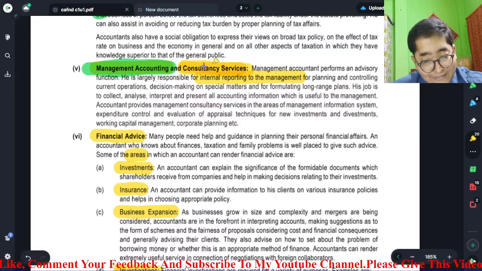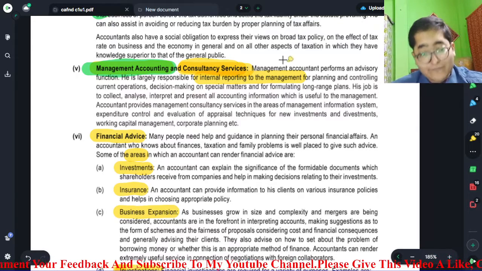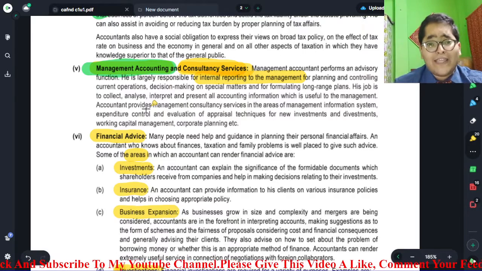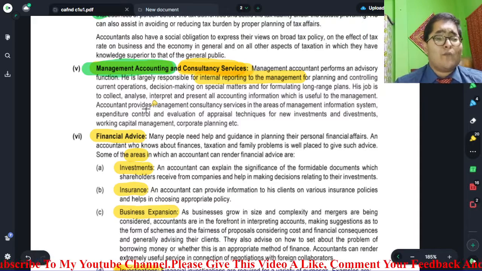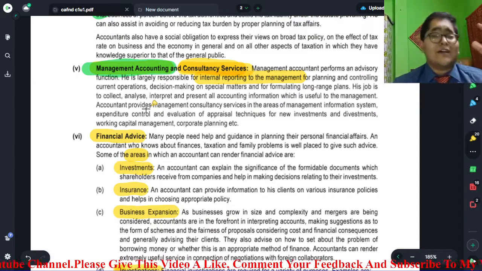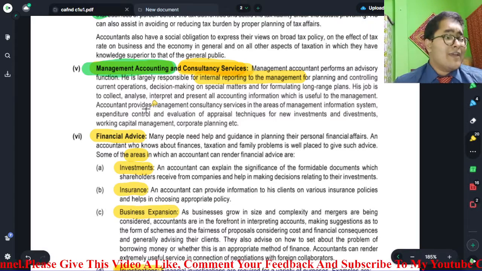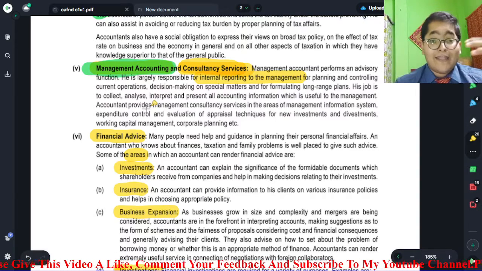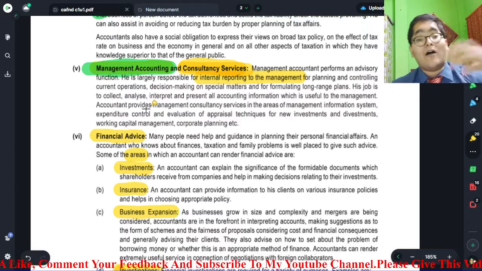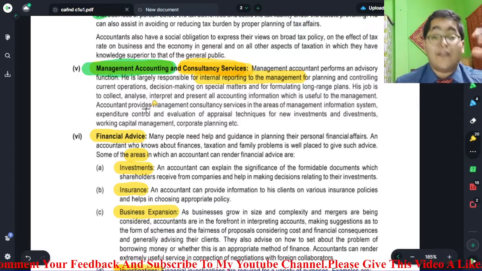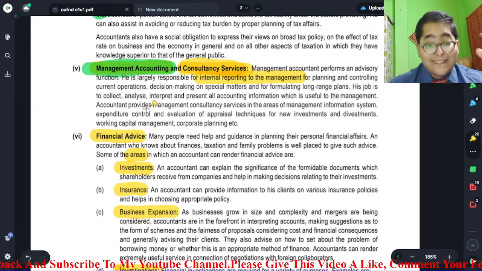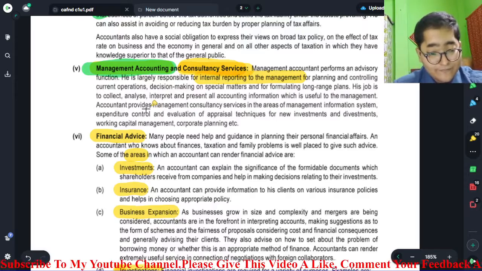Now the consultancy services. Consultancy services are the services given, for example, consulting the business firm regarding investments, regarding expansion of the business, regarding whether a company or business firm should take up a project or not. These are the consultancy services.